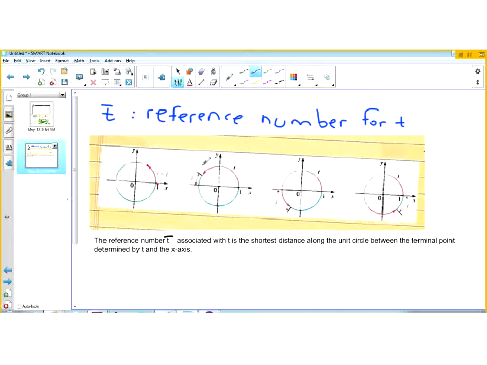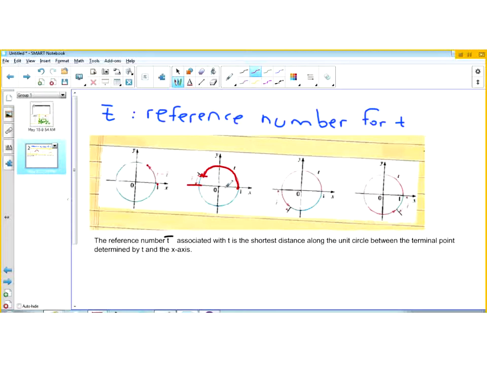Now in the second quadrant, I start at t equals 0, and here's the trace for my terminal number. I want to calculate what the reference number is. The reference number is the shortest distance from the x-axis to the terminal point along the unit circle.